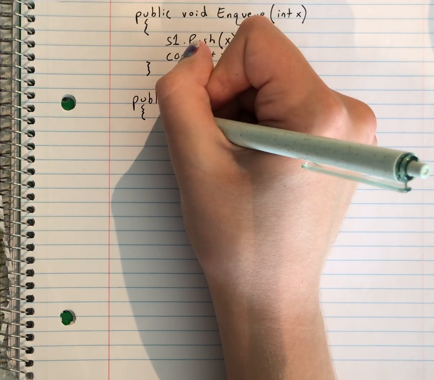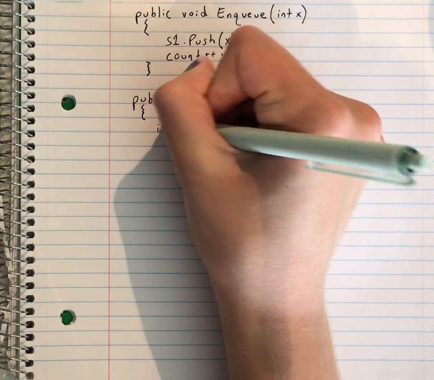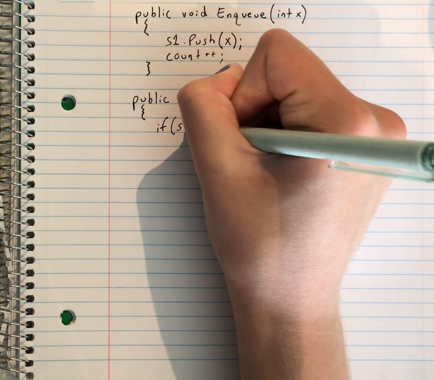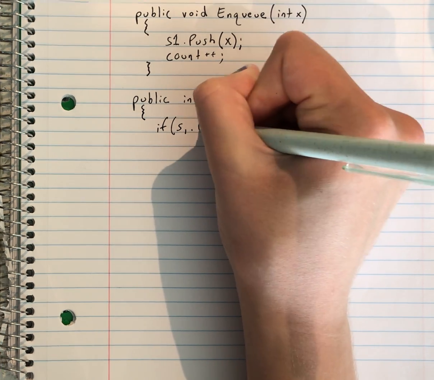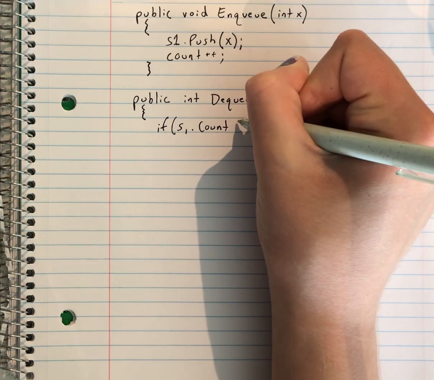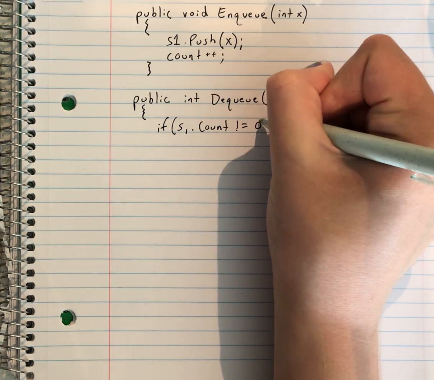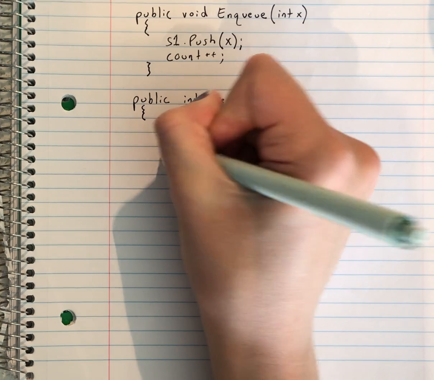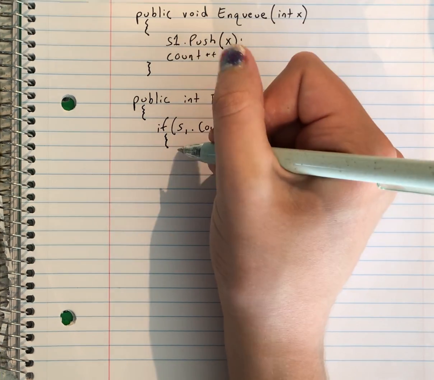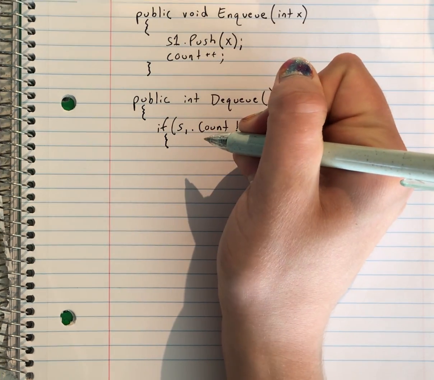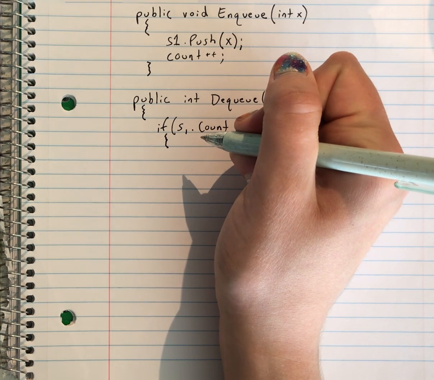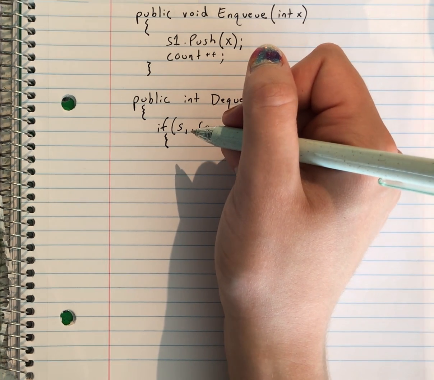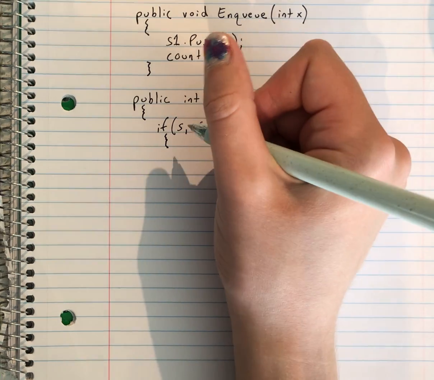If the stack is not empty, we'll iterate through all of the elements besides 1 and push them into stack 2.